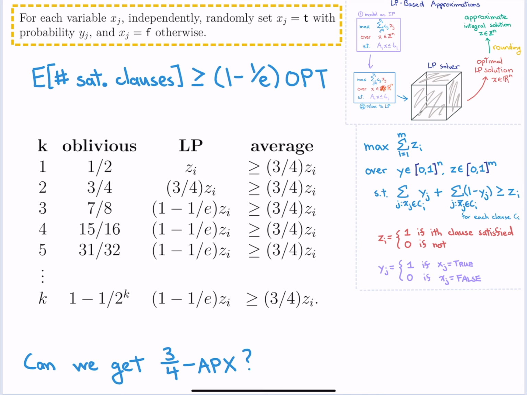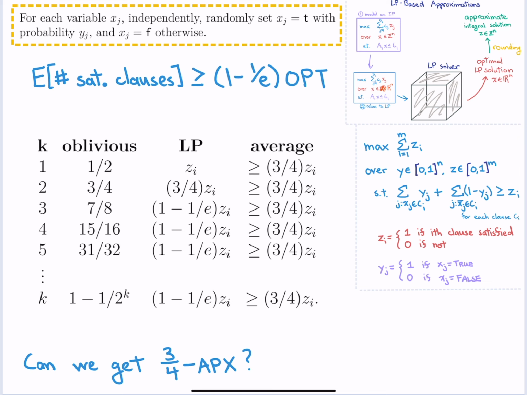If you look at it closely, for each of these, the average of 1/2 and 1 is 3/4, right? And on the second line, 3/4 and 3/4, the average is 3/4. The third line, 7/8 and 1 minus 1 over e, if you calculate it, the average will actually be over 3/4. So on average you're getting at least 3/4 zi between the two approaches.